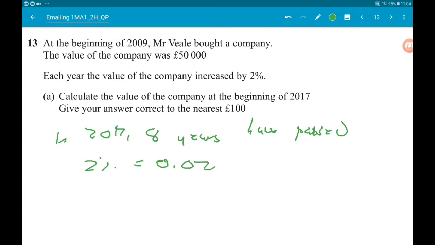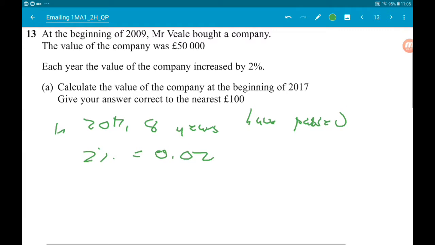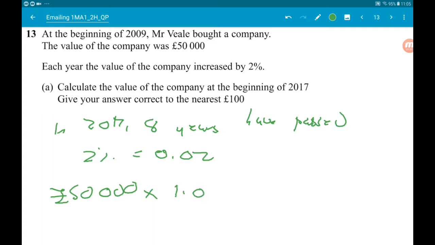So to work out the value of the company, we do 50,000 times 1.02 to the power of 8.